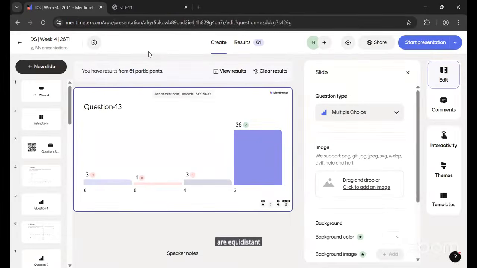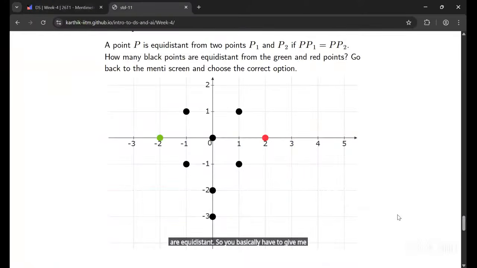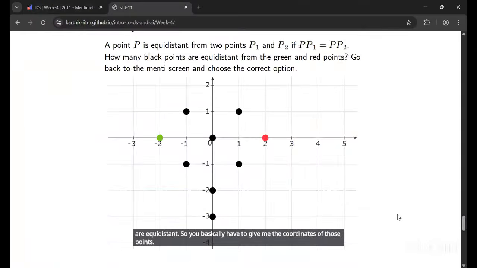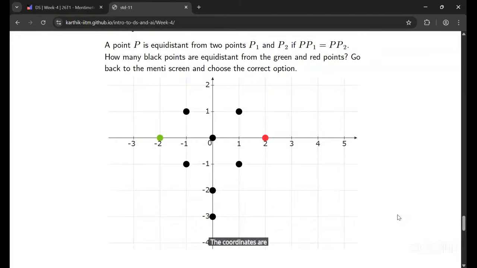You basically have to give me the coordinates of those points. The coordinates are 0, 0, 0, -2, and 0, -3. Okay, so basically all the points which lie along the y-axis are equidistant from both the green and the red points. I hope everyone is able to see that.